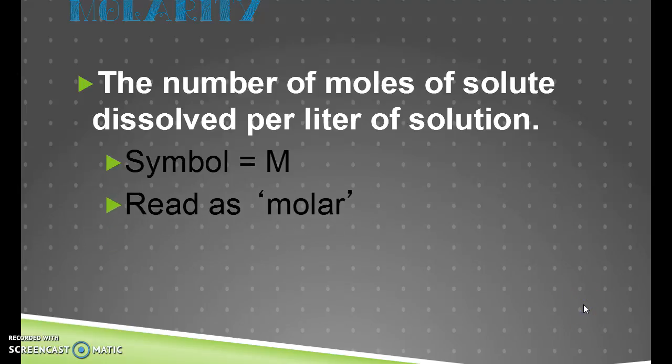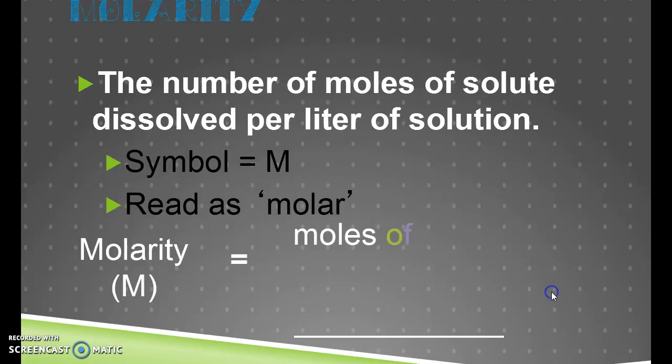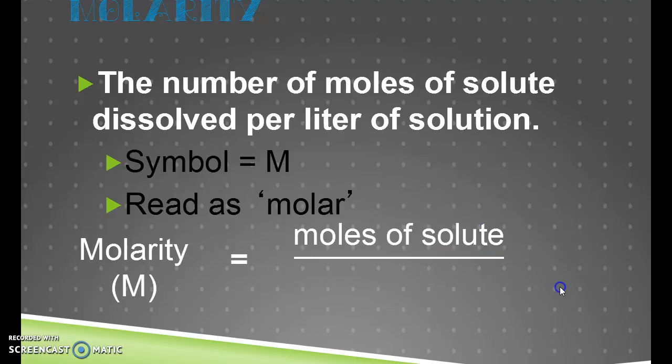And so when I read that, it's 3 molar hydrochloric acid, 6 molar hydrochloric acid, 2 molar sodium chloride solution. And then our formula for that would be moles of solute divided by liters of the solution. Or in more simple terms, you could just look at it as moles per liter.